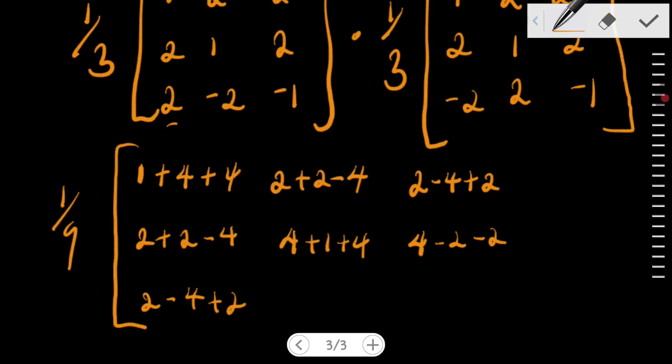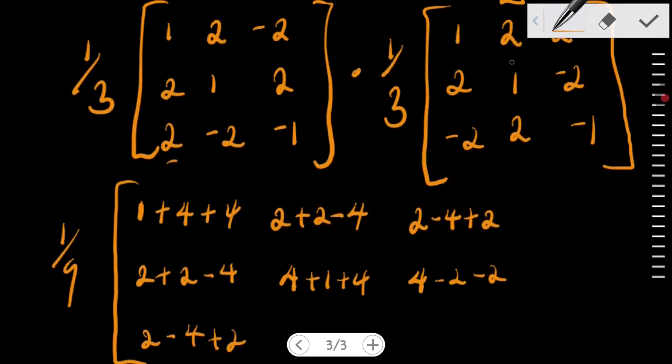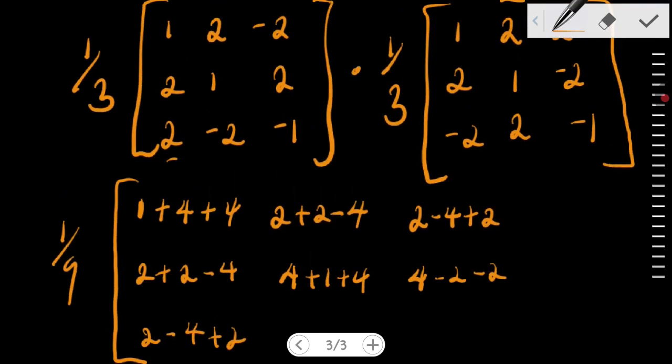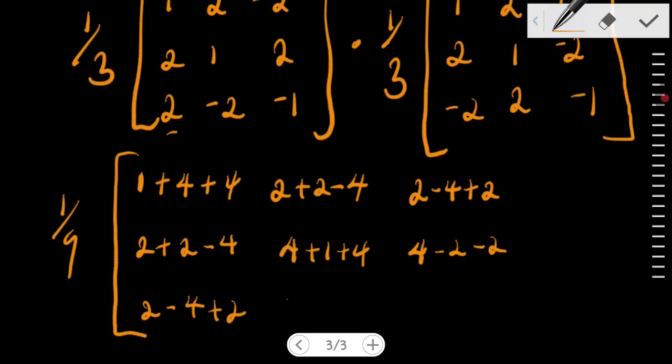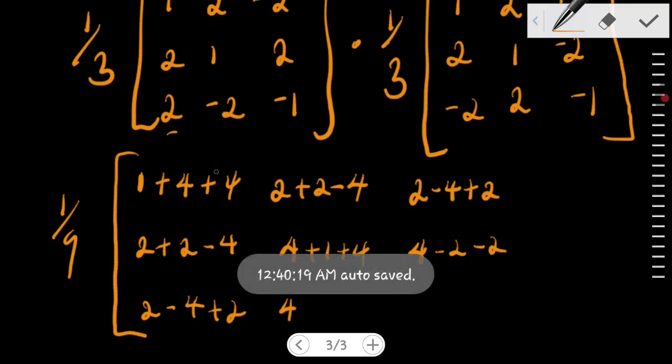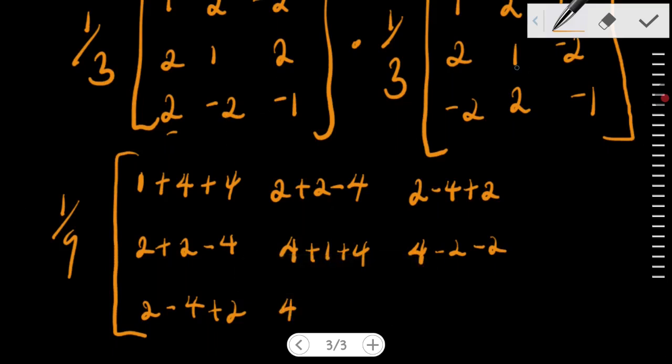Then 2 times 2 gives 4, then negative 2 times 1 gives minus 2, then negative 1 times 2 gives minus 2.